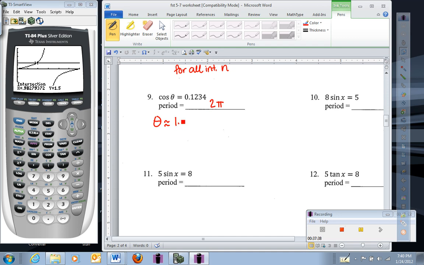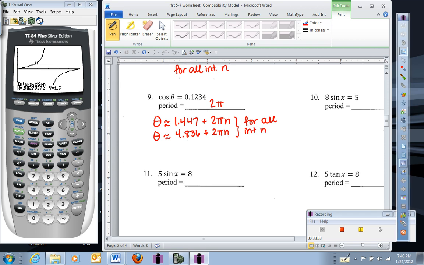Approximately 1.447 plus 2 pi times n, and approximately 4.836 plus 2 pi times n for all integers n. Okay. If you got that, good job.